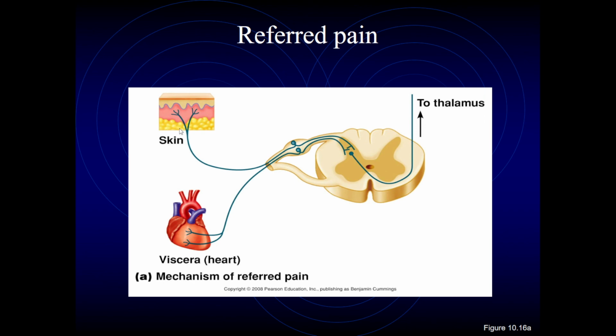Mechanism of referred pain. Convergence of somatic and visceral fibers to the same neurons of the dorsal horn, and then they project to the thalamus.